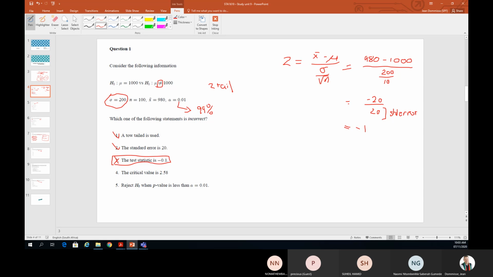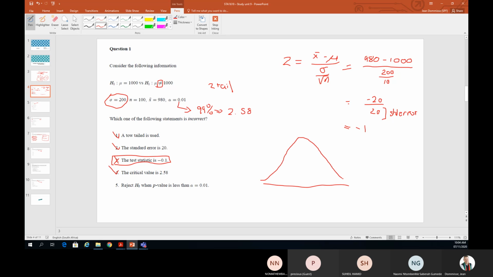I remember that when I'm working with a Z, working with two-tail, 99% is equal to 2.58. Okay, so your critical value is 2.58. That is correct.